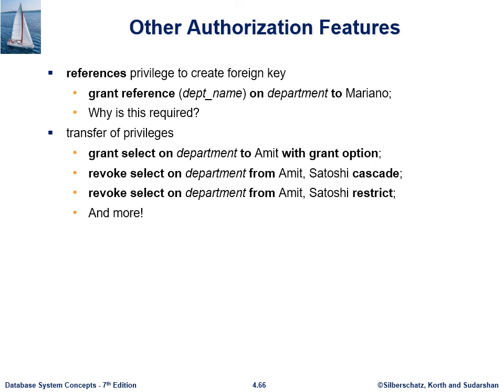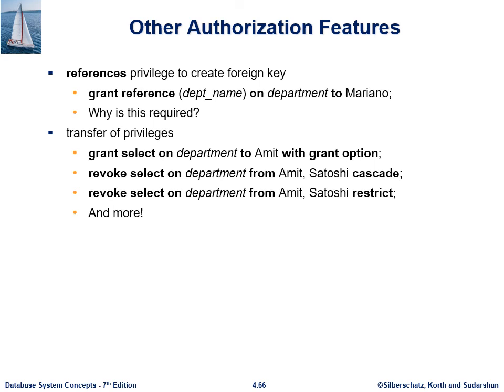By default, this is not allowed. So: grant select on department to Emit with grant option. We must add this with grant option. Then we can allow Emit to grant this privilege to other users. Otherwise, Emit does not have the privilege to do that.